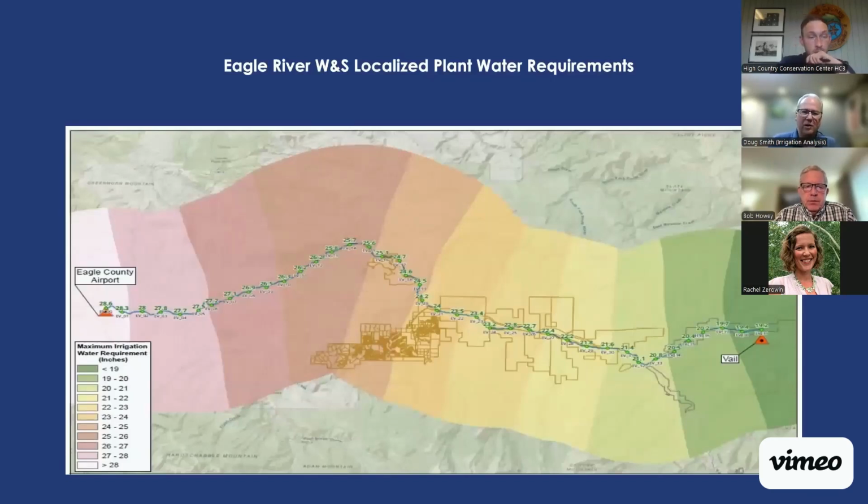This image right here, some of you may have seen this one already in some of the presentations, but this is a really cool way to look at water requirements through the valley. Going east to west, we start at Vail, in the higher, darker green area.